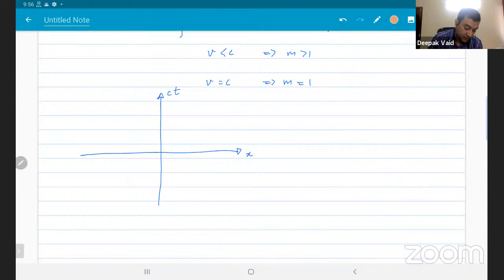So whenever I draw a line at a 45-degree angle, let's say like this or like this, trying to make them as parallel as I can, or in the other direction like this, so m could also be -1. What do these lines represent?